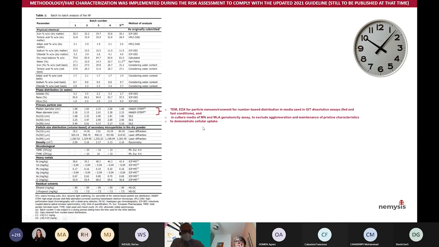And relevant was also to demonstrate cellular uptake within this study. Listening to this today, I would say that electron microscopy is for sure one of the approach absolutely relevant, at least in our application, to support any single or relevant detail for characterizing the nanoparticle.